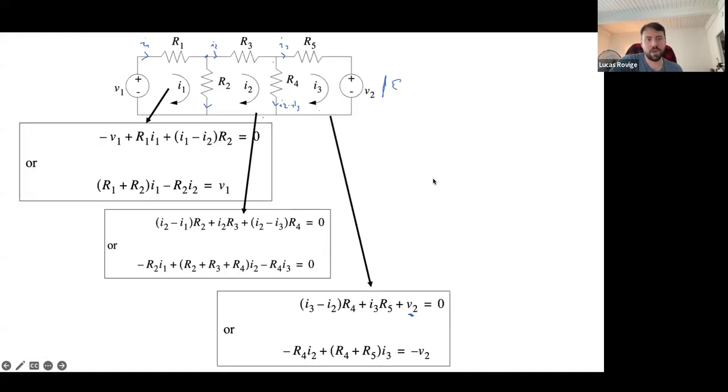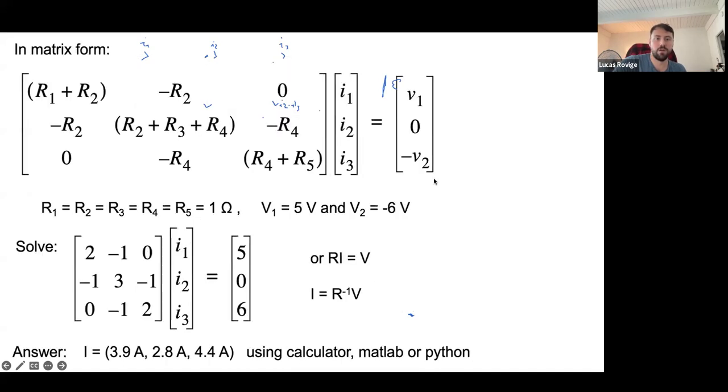And so we have three equations, three unknowns, and a linear system we can solve. You might have seen in math, when doing algebra, that you can solve a linear problem using matrices.